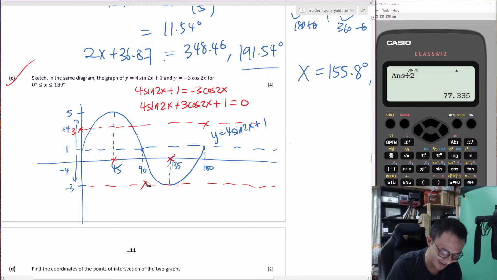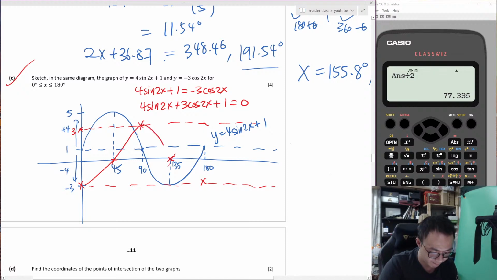Stupid me. Yes, the cos graph is negative, so it just needs to flip over. It'll be this coordinate, this coordinate, this coordinate, and this one. Alright, so your cos graph will look like this. Why did I draw my cos graph so ugly?